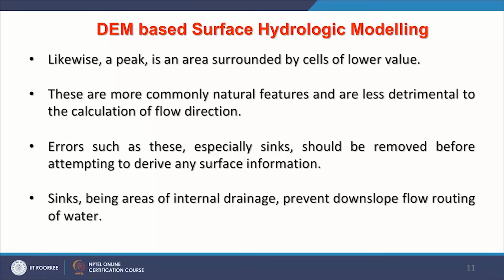Because water has to flow, that is the assumption. If it just becomes stagnated in one cell, then it becomes a problem. So, sinks may be areas of internal drainage like I have said in case of limestone terrain, or can prevent downslope flow routing of water.